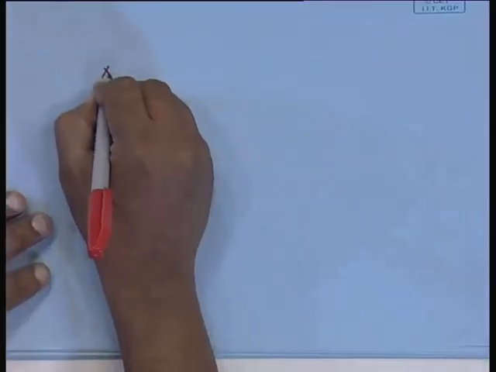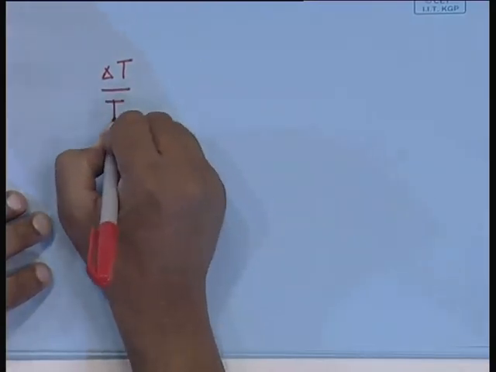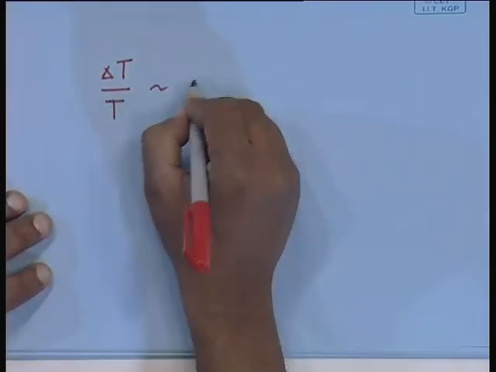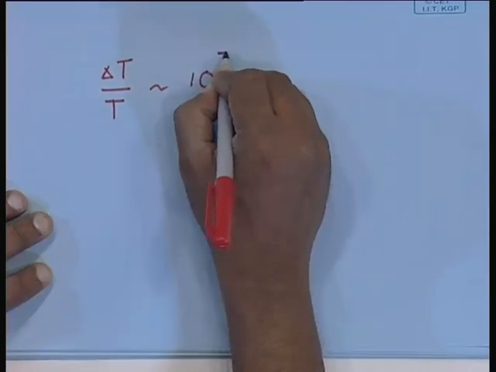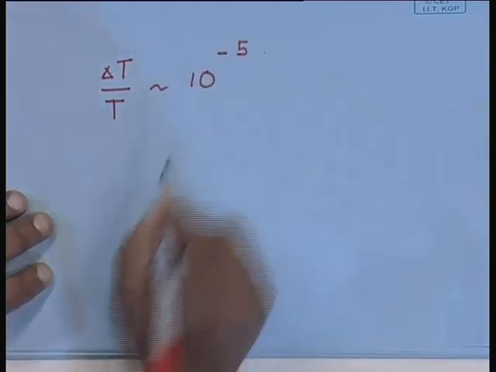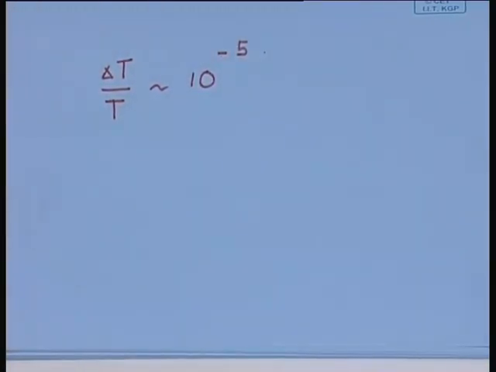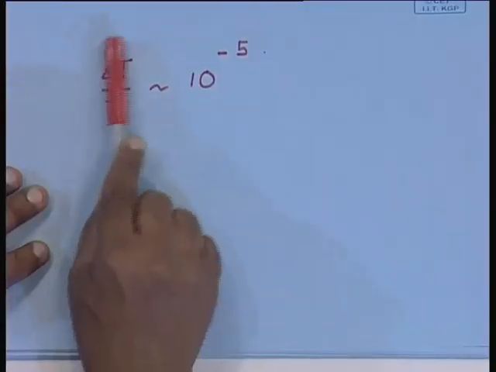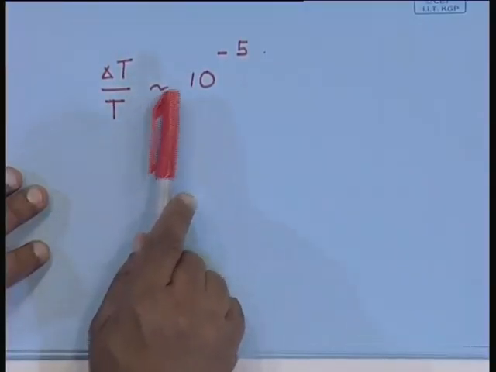There are angular fluctuations in the temperature, delta T, such that delta T by T, where T is the mean temperature, is of the order of 10 to the power minus 5, that is, tens of microkelvin. So it is isotropic to an accuracy of 1 in 10 to the power 5.